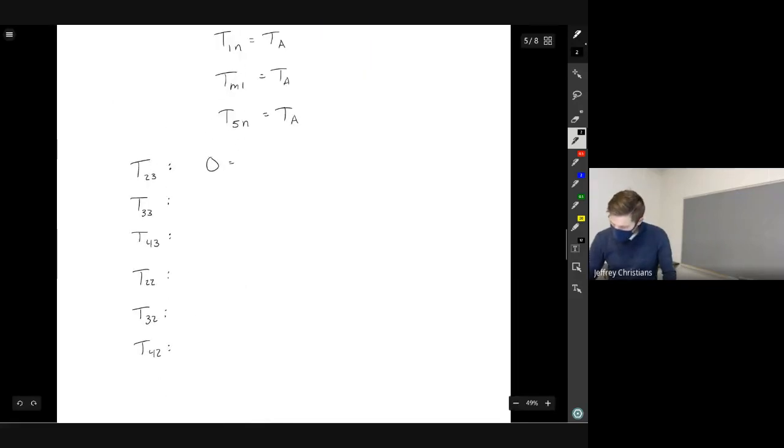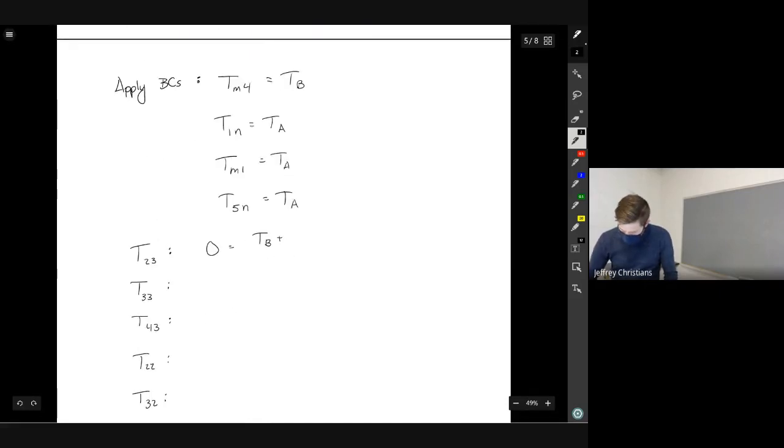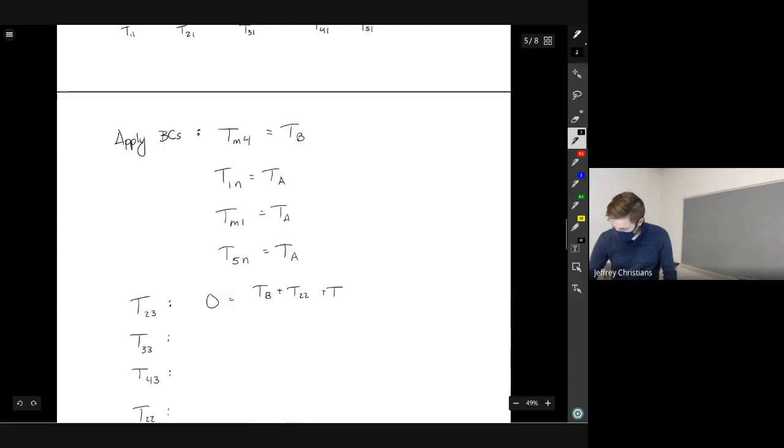So 0 equals TB plus T22 plus T33 plus TA minus 4 T23. That would be our equation for that one.